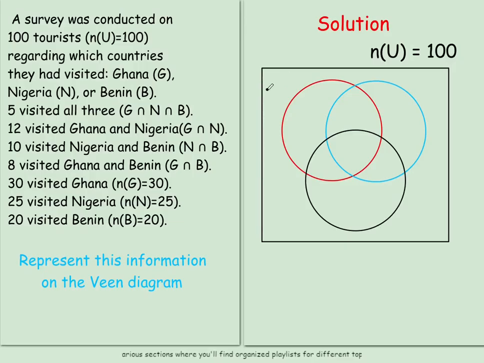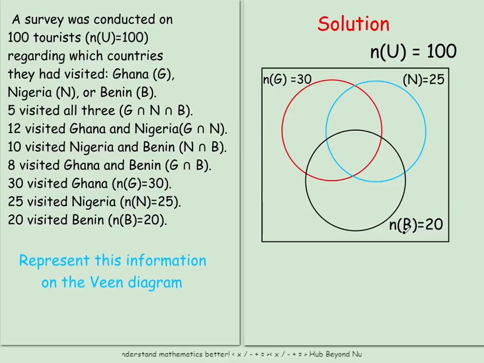So I'll put here what we have for Ghana, which is 30. Then I'll come all the way here and put what we have for Nigeria, 25, and then I'll put that of Benin over here as well.